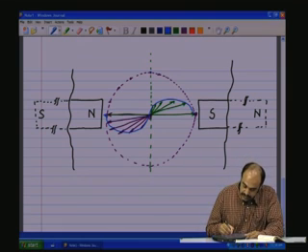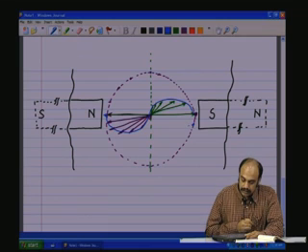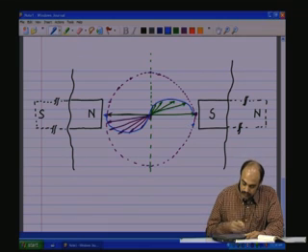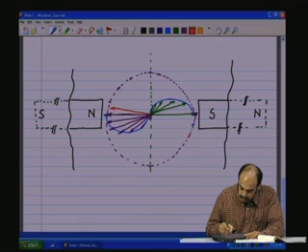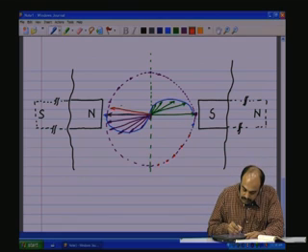So, when the point starts moving at this point, we see again the mirror image of this, and then when this starts moving again towards the orthogonal axis, you will see the field decreasing.